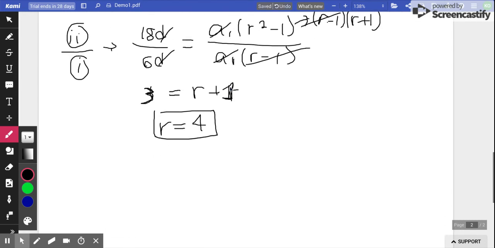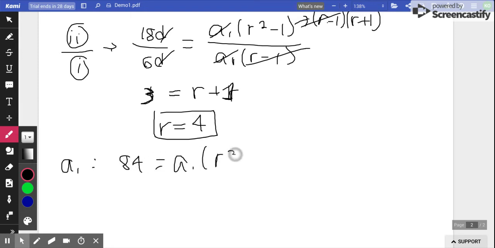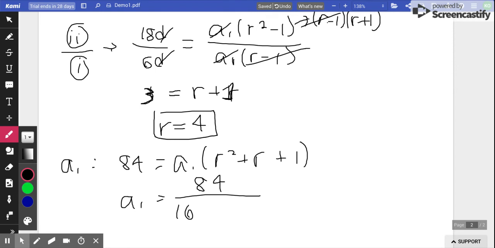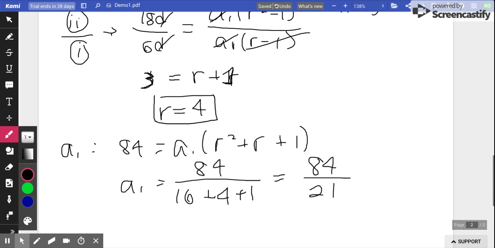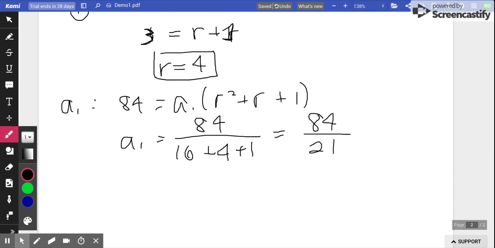So our equation was 84 equals A1 times R squared plus R plus 1, which means A1 is going to be equal to 84 over, so R squared is going to be 16, 4 squared, plus R is 4, plus 1, so 84 over 21. That's pretty much 4, I think. A1 equals 4. Isn't that nice?